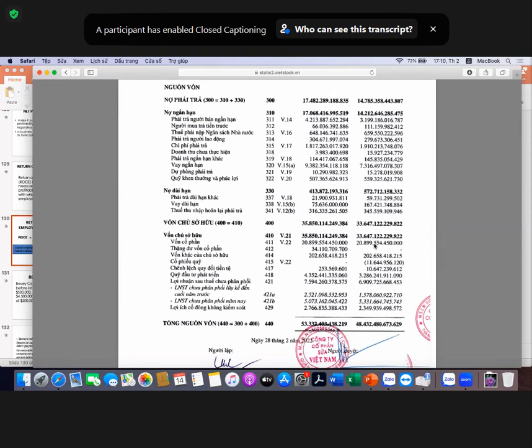So in 2021 we take 53 minus 17.1 thousand billion, and in 2020 we take 48.4 minus 14.2. So what is the return on capital employed?